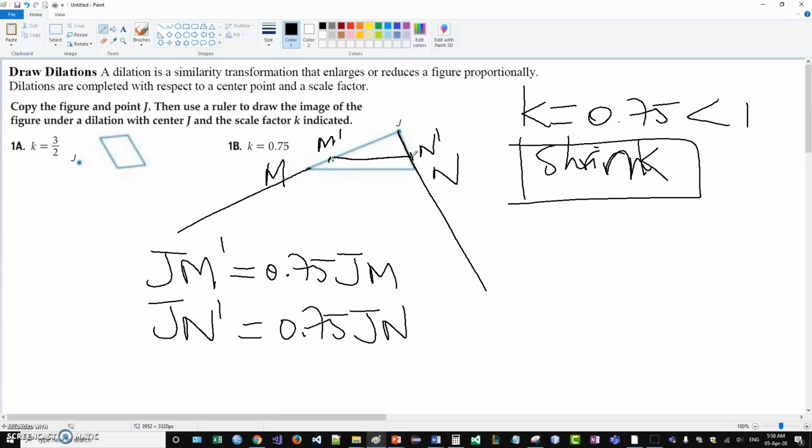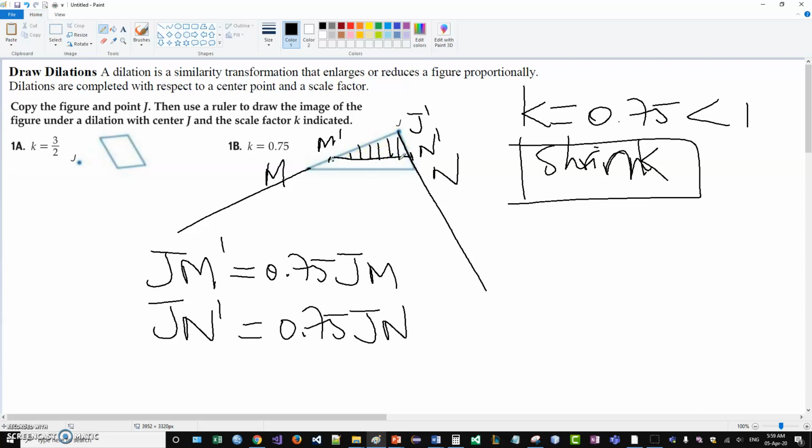J prime stays the same as J because the center is the same as the vertex. So our new dilated image is J prime, M prime, N prime, which is right here.